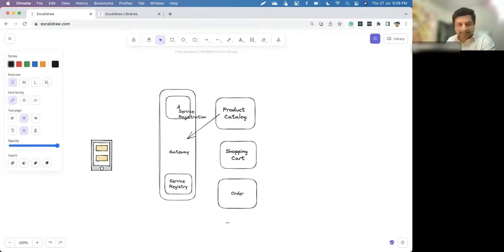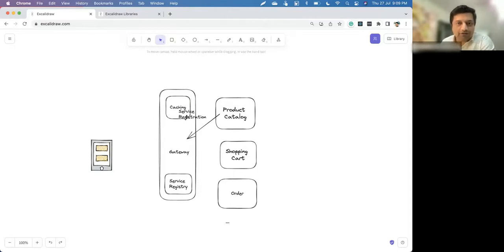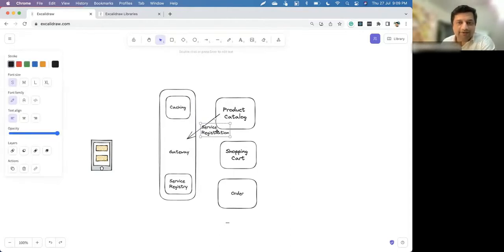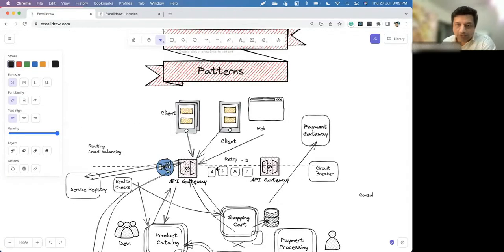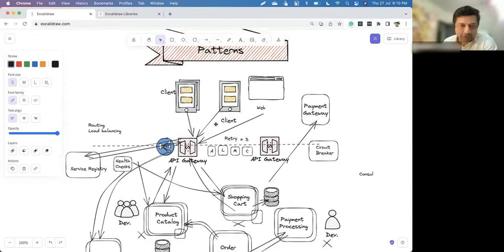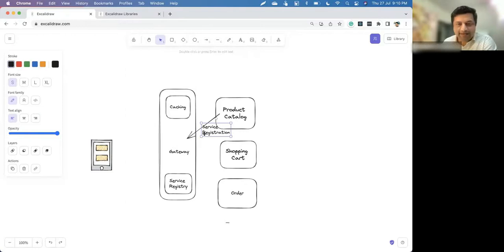It has caching. I talked about so many things: logging, monitoring, caching, authentication, rate limiting. All these we discussed in the last class. So first, the service registration will happen.